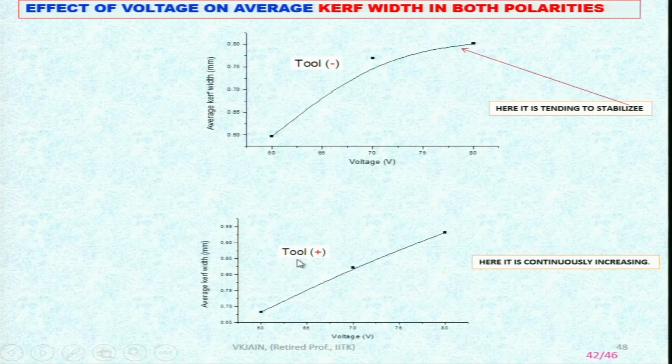Now in the case when the tool is positive, again as the voltage is increasing, kerf width is also increasing. Here also it is more or less continuously increasing, although there is slight difference in the trend of negative tool and positive tool, or the direct polarity and reverse polarity. That may be due to some other reasons which we are not discussing here.